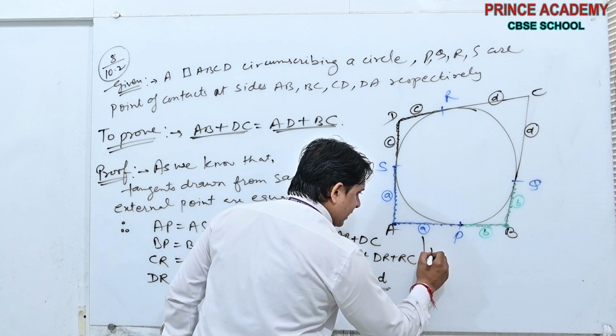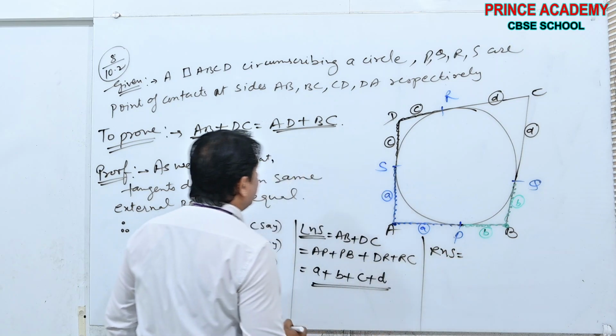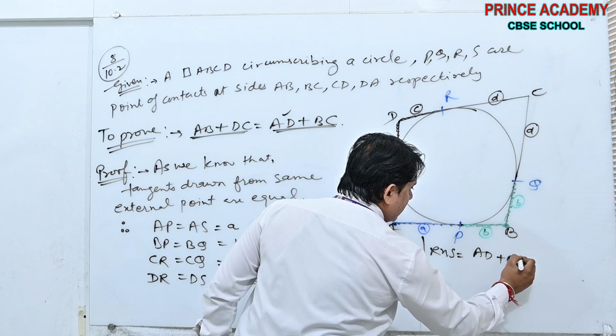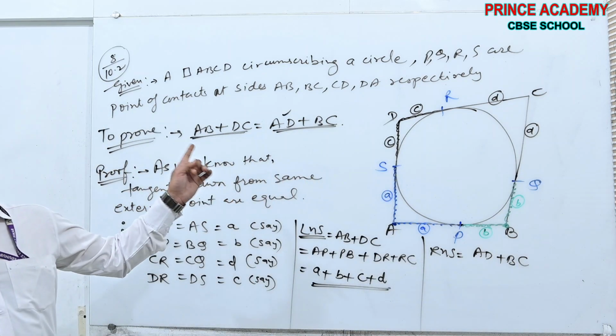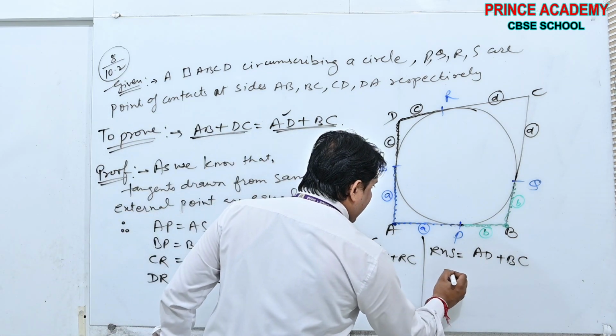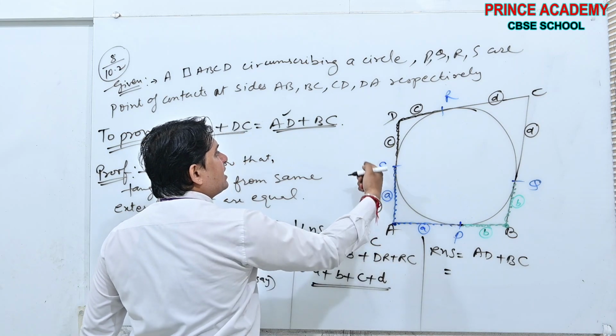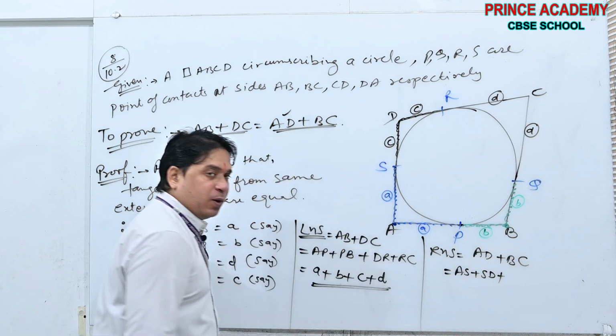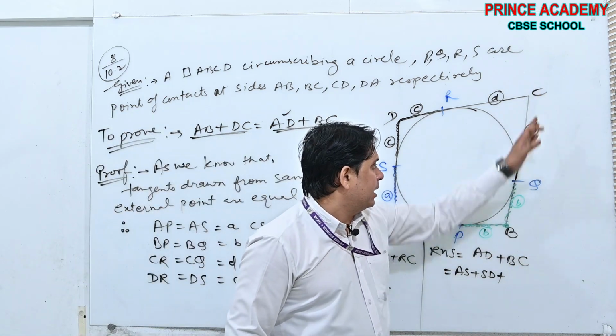Now the right hand side. Your right hand side is AD plus BC. What is AD? AS plus SD. Yes or no? What is BC?